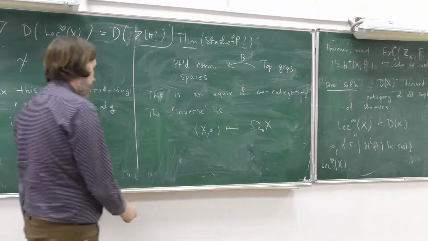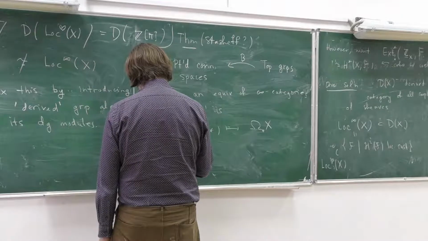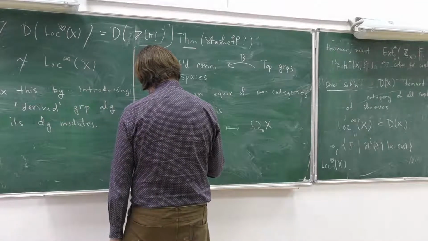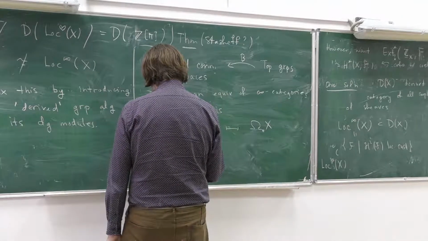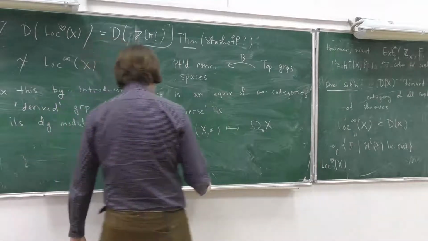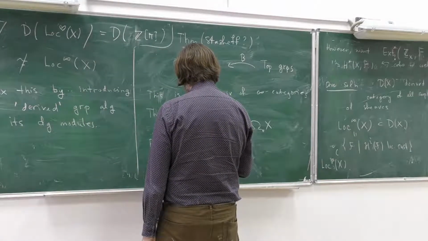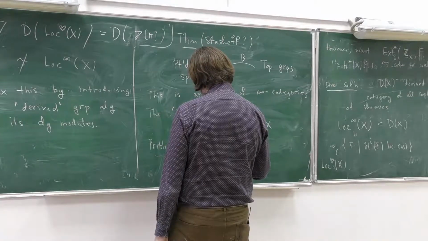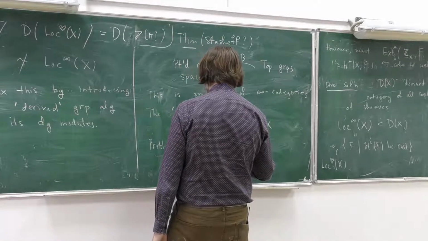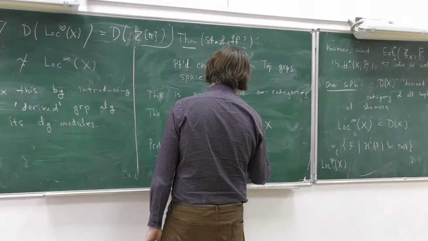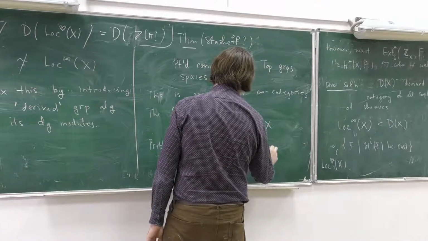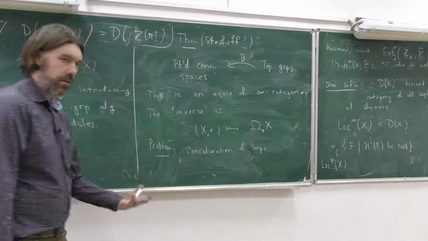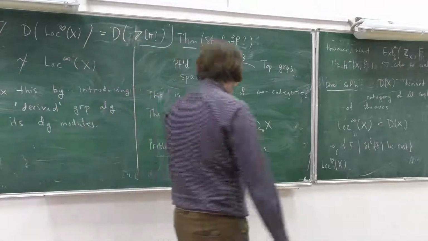So the problem is that concatenation of loops is not quite associative, it's associative up to homotopy.